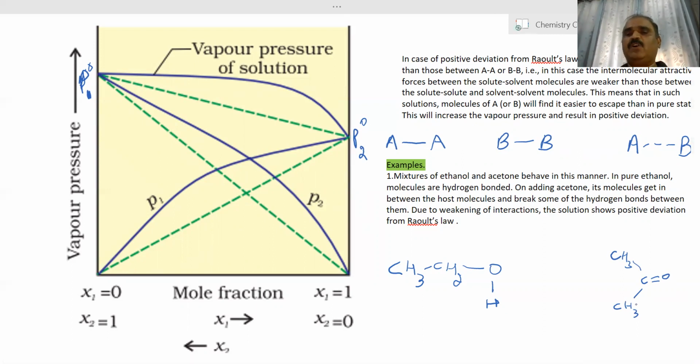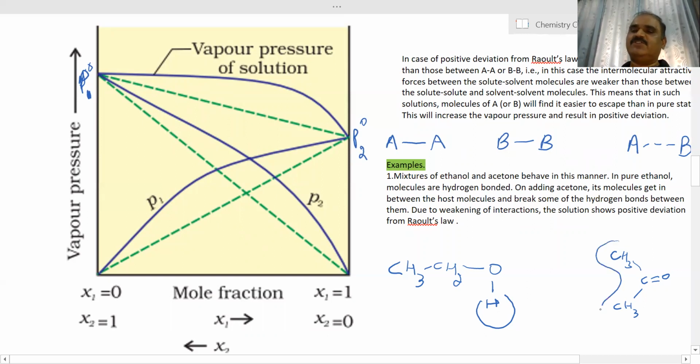You know, alcohol molecules have this acidic H. Okay, due to this, it can form H bondings with other alcohol molecules. So all alcohol molecules are held by intermolecular H bondings. Clear? And in acetone, this acetone molecule is a polar molecule. Due to this CO bond, oxygen is more electronegative than carbon. CO bond is polar. This molecule will be having some polarity.